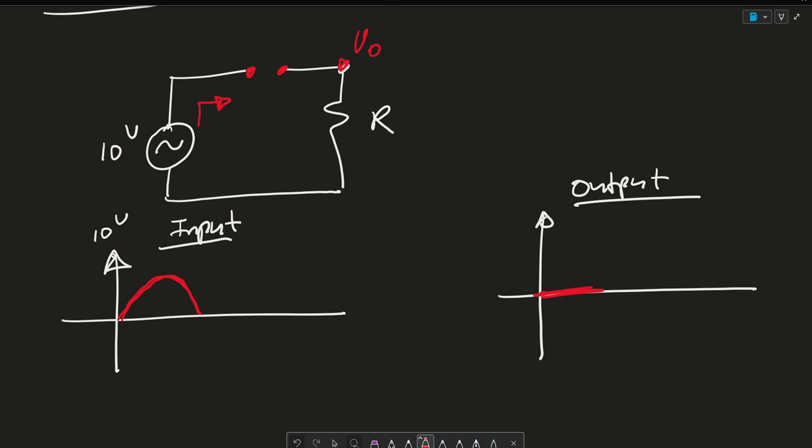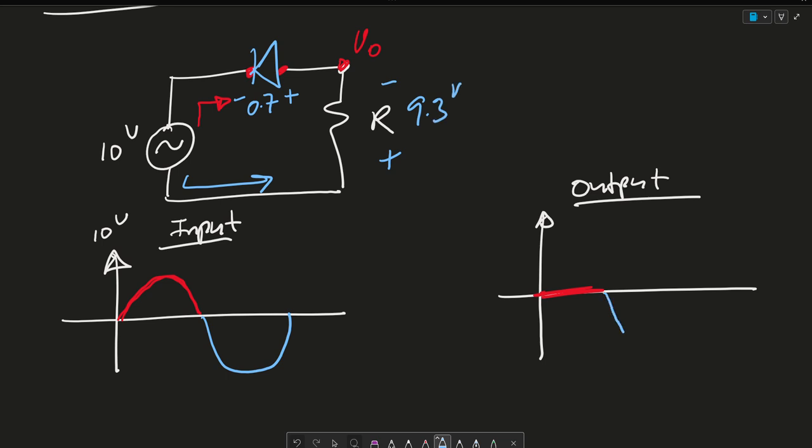And when we have the opposite direction, when we go in the negative direction, this becomes what we consider forward bias. So there's a plus minus 0.7 drop across it. So there will be a plus minus 9.3 volts across the resistor.